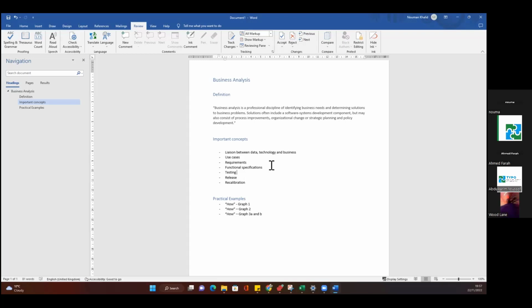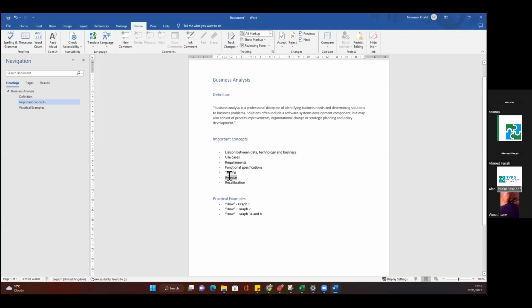Right? Release is obviously the system changes, but release does not only mean the system, it means operational things, it means data as well. Remember I said before, there's a liaison between data, technology and business.